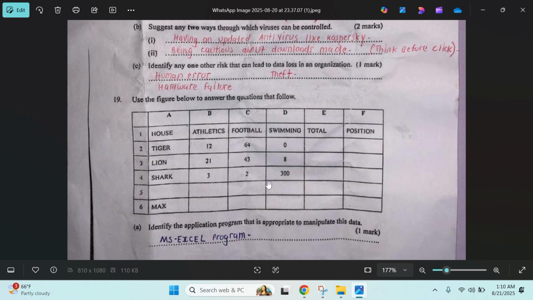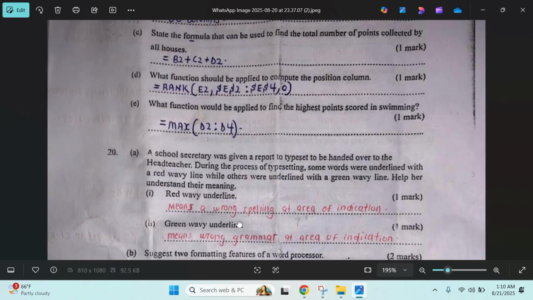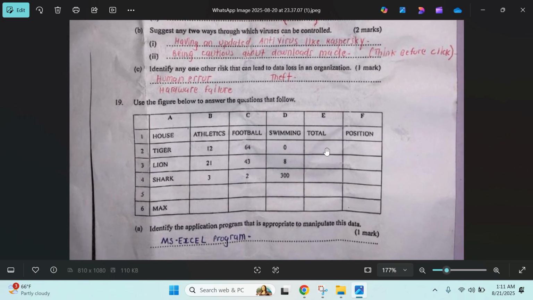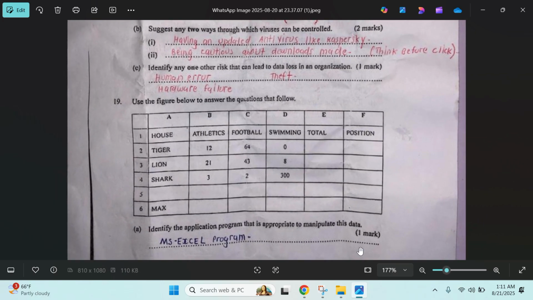Next is what function should be applied to compute the position column. My function was equals rank, open brackets. I'm using E2 to E4, because I was basing on the total in E2 to give position.